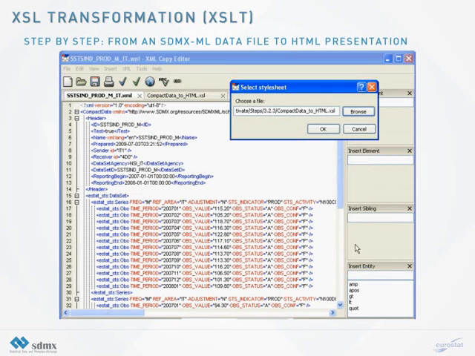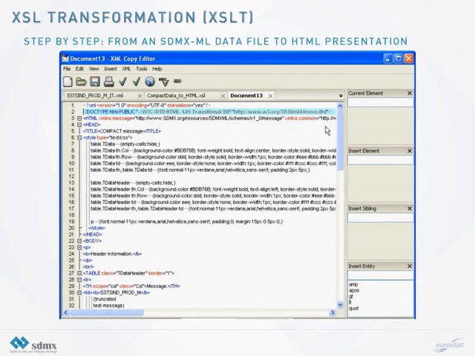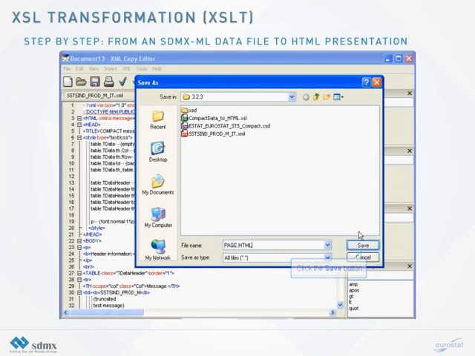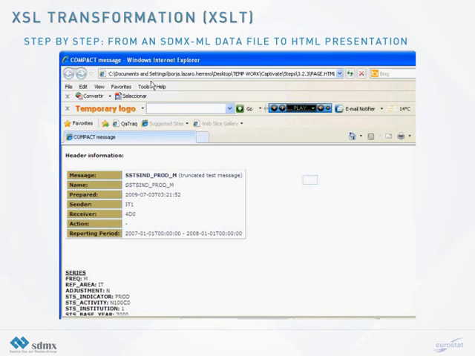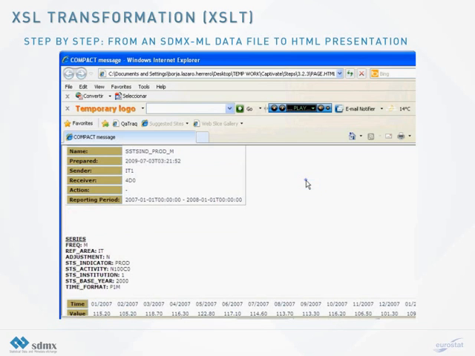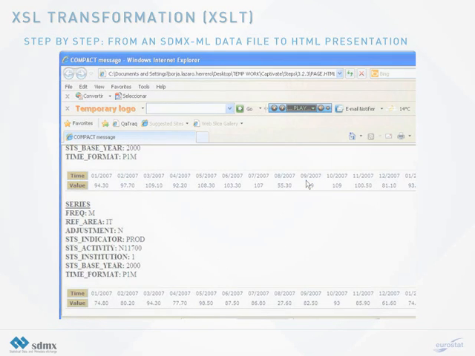A new file is generated by the XML copy editor tool with an HTML code. A new HTML page has been created. We save this new document as an HTML page, and we can open this new HTML file in any HTML browser to see the results. We have a user-friendly result of an SDMX ML data file.